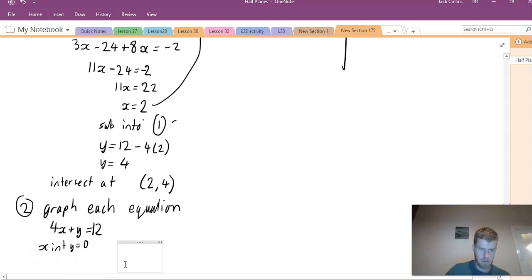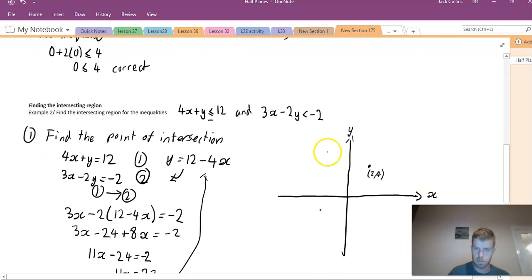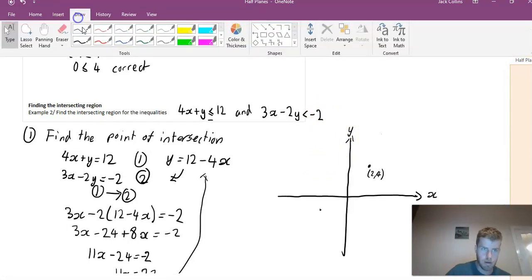So we have 4x equals 12, x equals 3, and then the y-intercept, x equals 0. So we have y is equal to 12. So the y-intercept at 12 would be quite high up here, so I might actually redraw that. Important to give yourself a bit of space here.